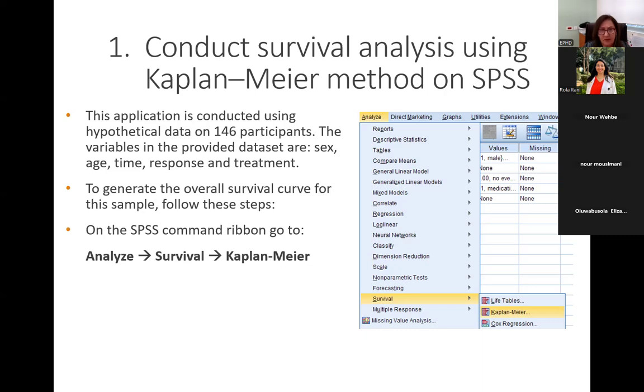That's a data file on 146 participants who have a few variables. They have a variable on sex, a variable on age, a variable on time to event, the response, whether they died, and the treatment. So this is an example following up people who had two treatments: a regular treatment, and the treatment plus psychosocial intervention.